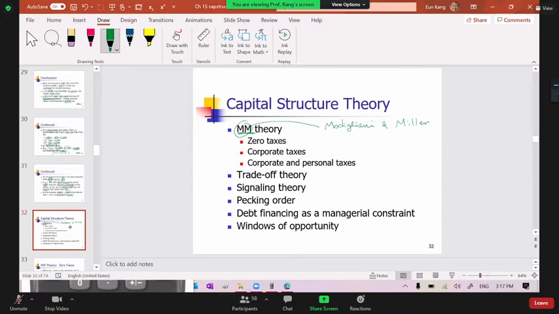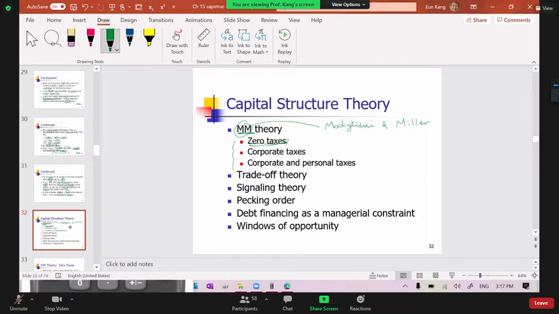So they have a very famous 3 papers. First paper is capital structure theory with 0 taxes. They assume there is no tax, just to make the analysis simple. And people criticize that because that is not realistic. You cannot avoid tax.